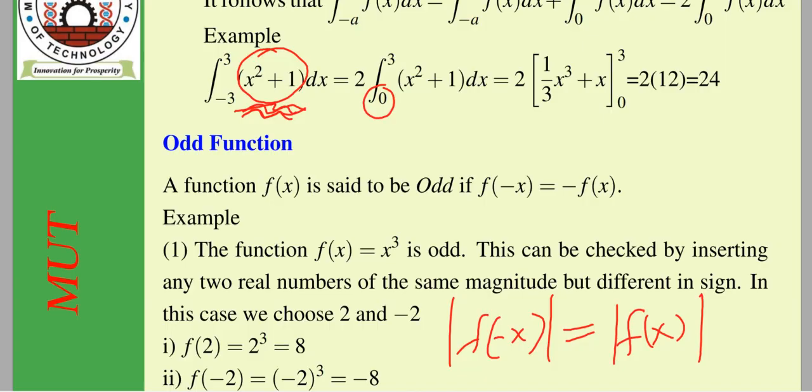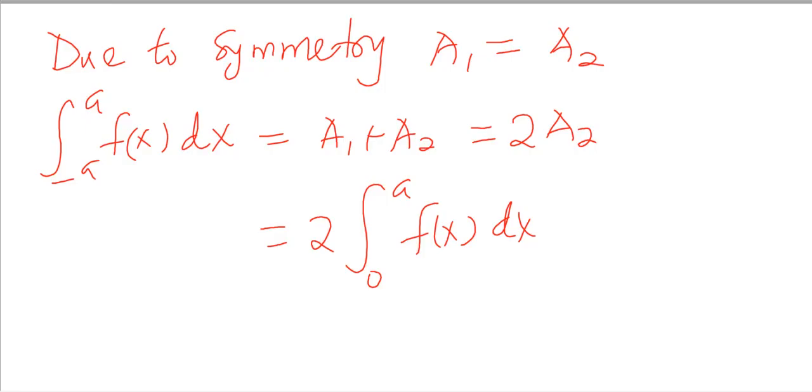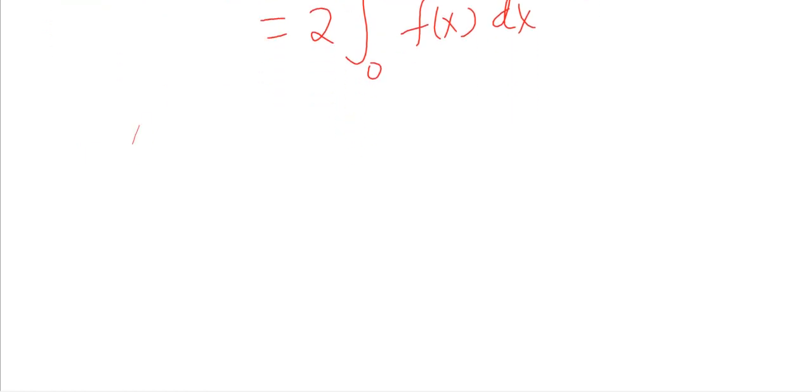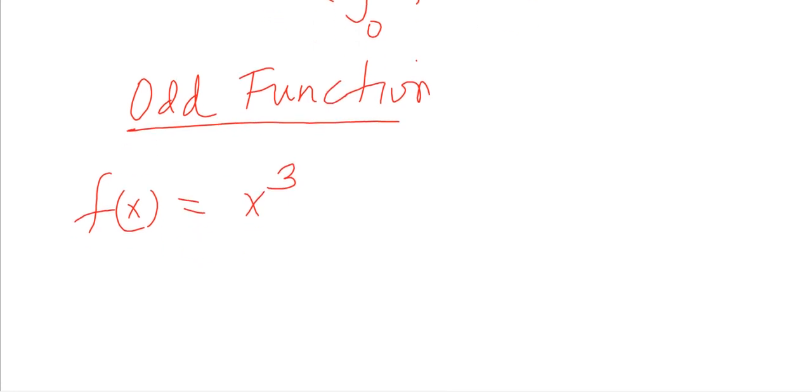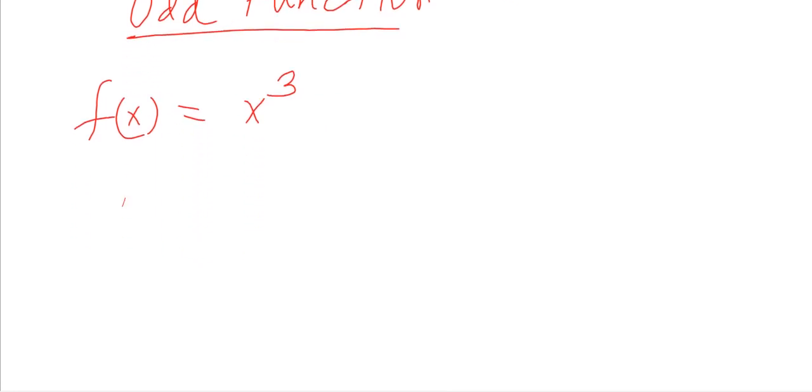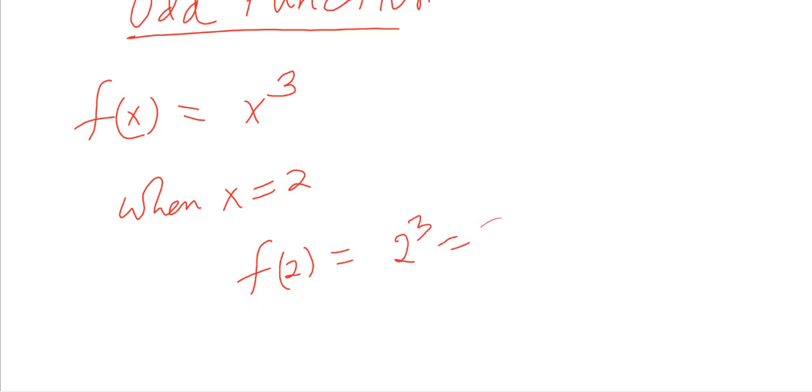Say a function like f of x equals x cubed, and then we take x equals 2. We get f of 2 will be 2 to the power 3, which is 8.